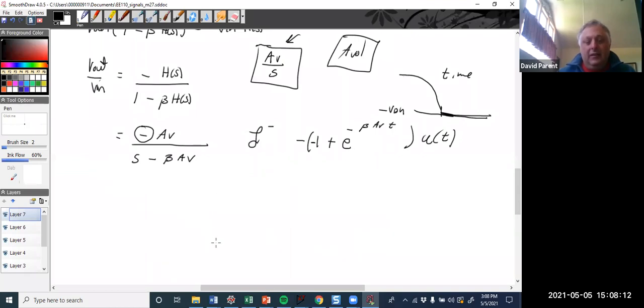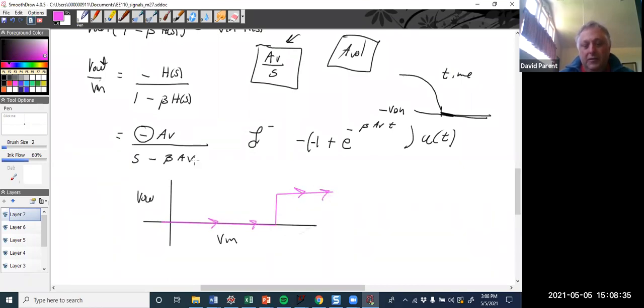If I look at V in versus V out, if I go V in versus V out one direction, this is my transfer function.